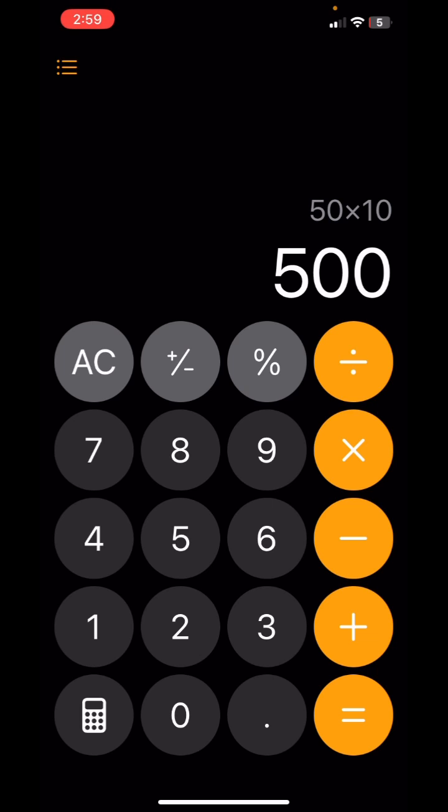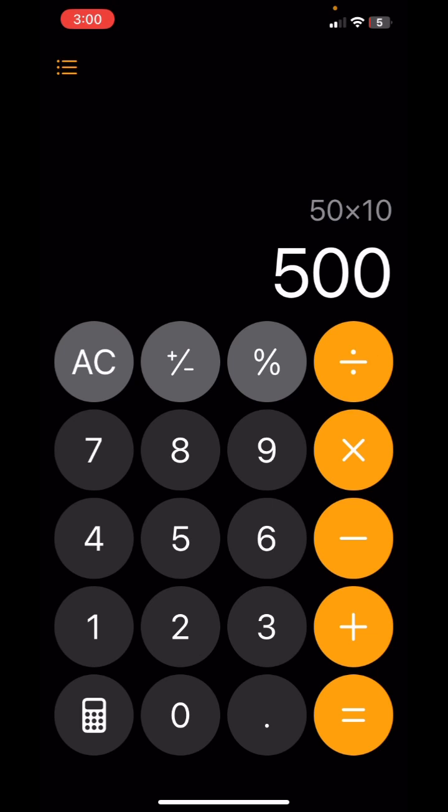So basically, for each dollar the stock rises, we get $500.